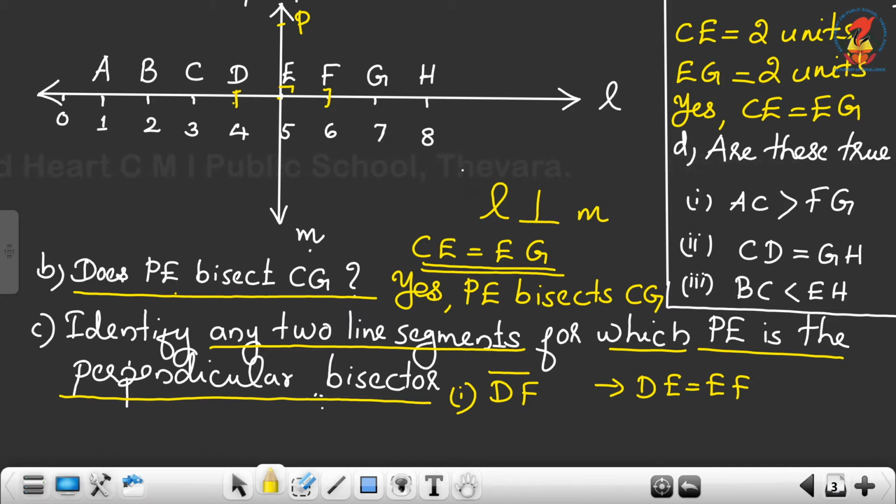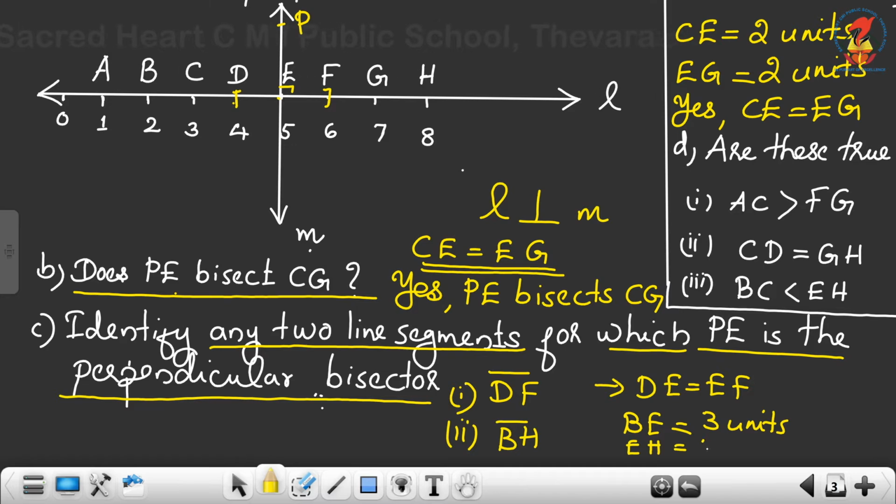So, if you consider the line segment BH, what is the length of BE? BE is equal to 5 minus 2, that is equal to 3 units, and EH, E is at 5, H is at 8, 8 minus 5, 3 units.